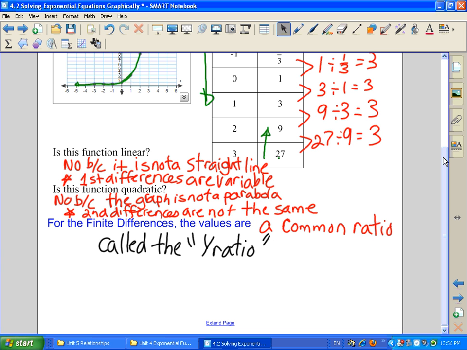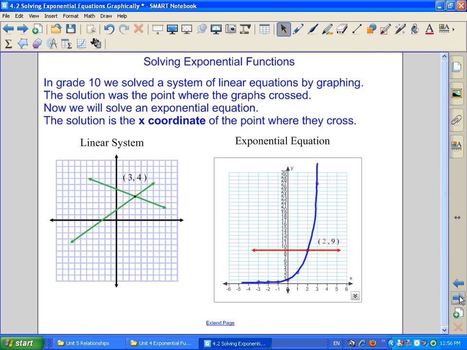Okay, let's move on, a little bit faster here. Now you don't need to write this down initially because it's just a review of grade 10, but we're going to show you where we're heading. In grade 10, when we take a look at a linear system, that's just two equations on a graph. The solution was the point where the graph crossed. So hopefully you would say P of I, which stands for point of intersection, would be 3 and 4.